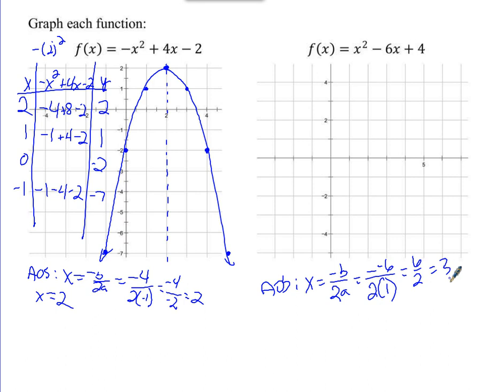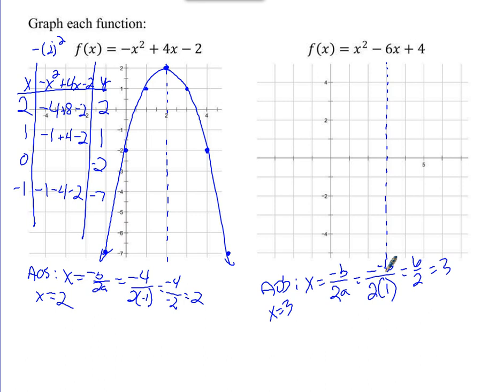So we know our axis of symmetry is x equals 3. What do we do now? Put your dotted line in there through x equals 3. That's right there, dotted line. Okay, now what?